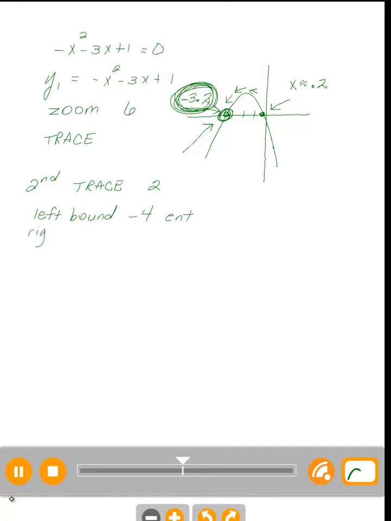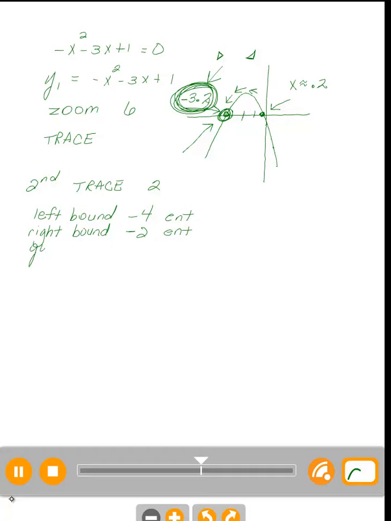Then the calculator is going to ask, right bound? I want a number that's to the right of negative 3.2, so I'm going to put in negative 2, enter. That places at the top of your calculator screen an arrow between negative 4 and negative 2, and it will search in between there for a value where the y is 0. It's looking for an x value where the y is 0.